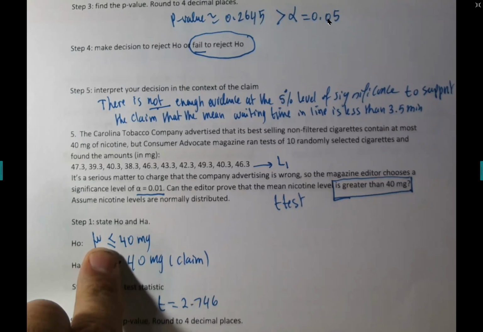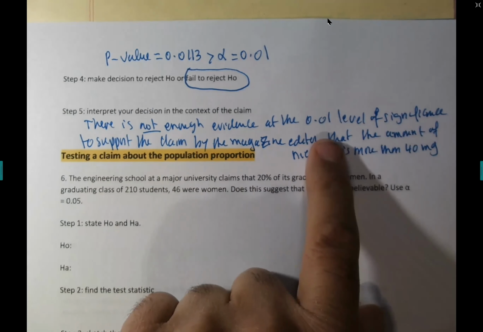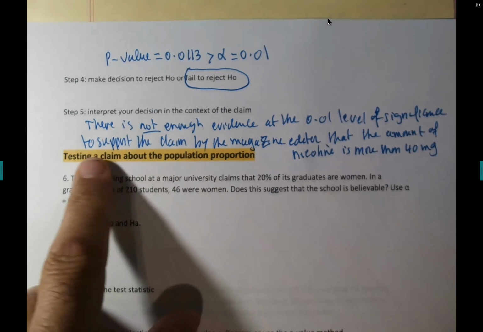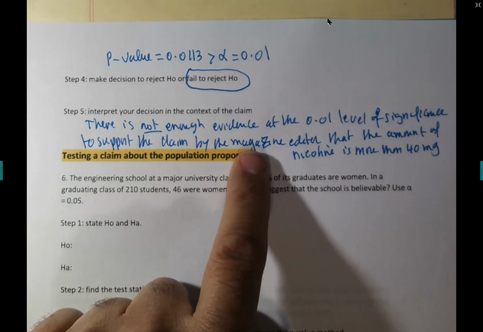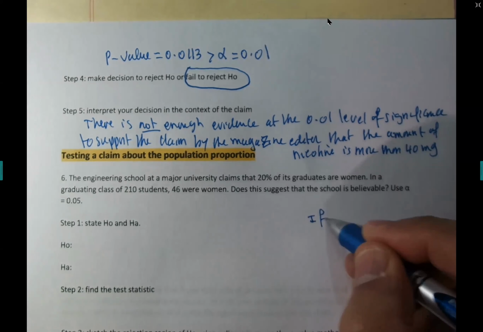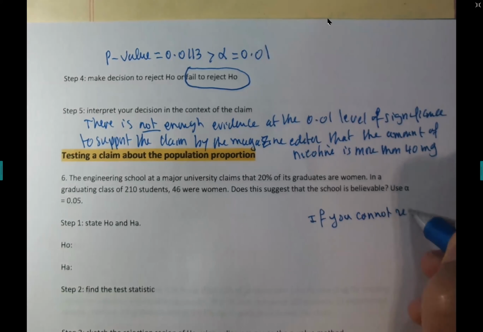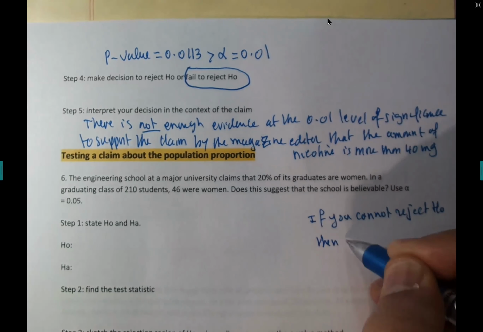What we're saying here is we cannot support the editor's claim. Look what it says here. We don't have enough evidence at the 0.01 level of significance to support the claim by the magazine editor. If you guys cannot reject H0, just keep this wording in mind. If you cannot reject H0, then you cannot support HA.